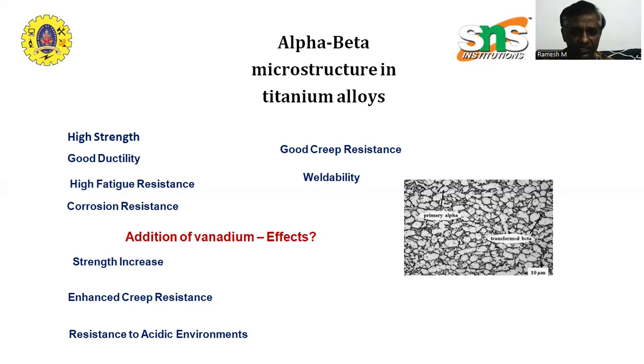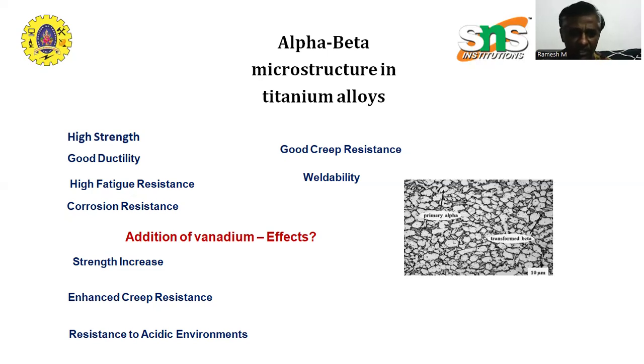In those conditions, the materials to be used are high temperature materials. For that, this property will be very useful. This alpha beta microstructure offers good creep resistance for high temperature applications.